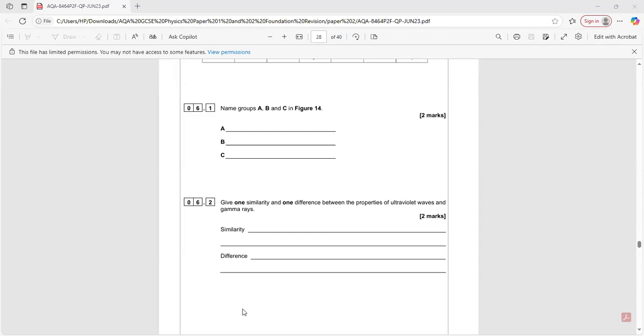Similarities. Are they both transverse? Transverse. Okay, yes. Electromagnetic waves are transverse in nature. I agree with that.